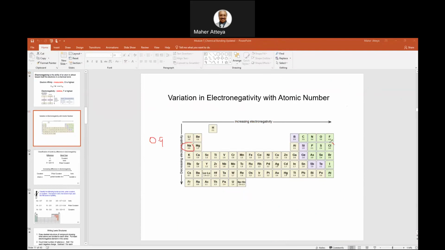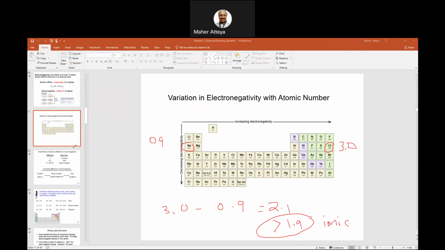And the chloride is 3.0. So 3.0 minus 0.9. How much, guys? 2.1. So 2.1 is greater than 1.9. So this is what? Ionic. This compound is ionic.